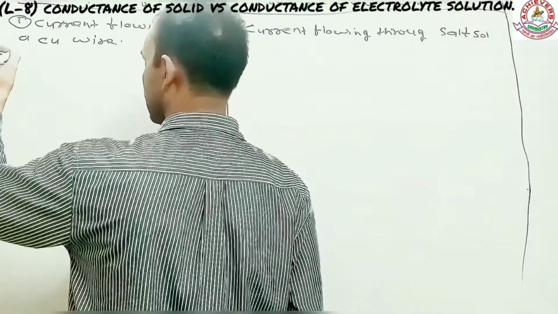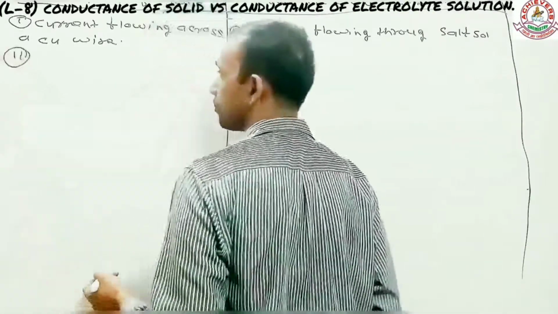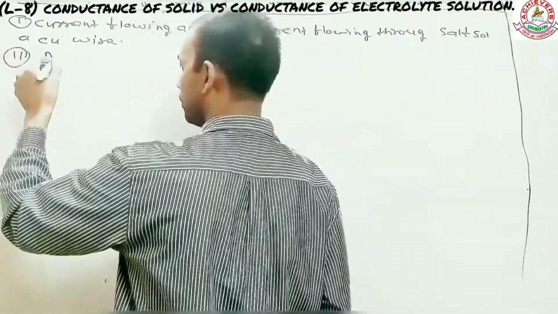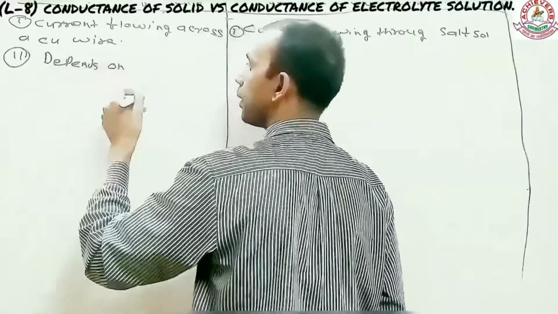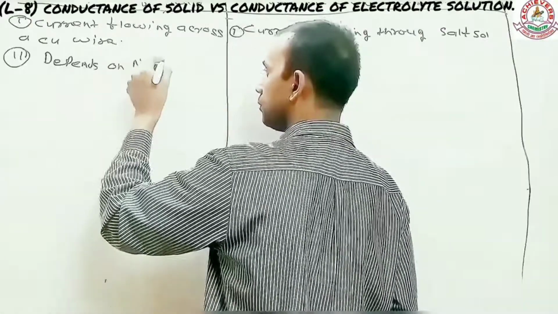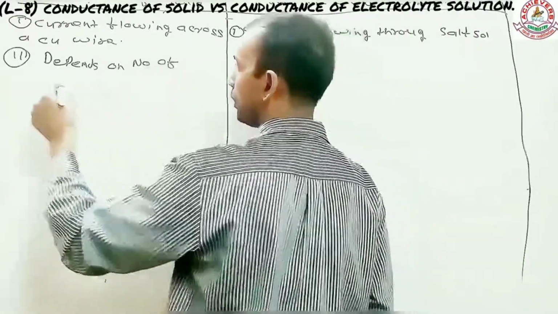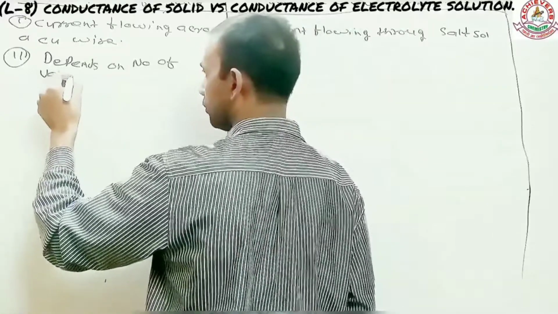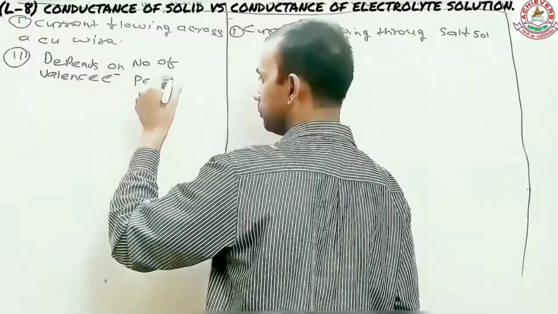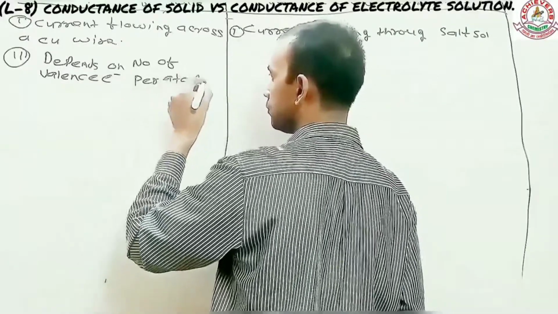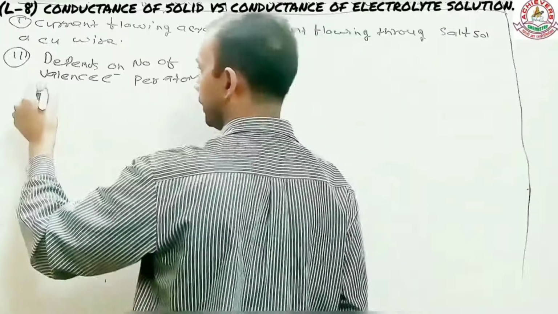What second thing we can talk about is that it depends on the number of valence electron per atom of metal.